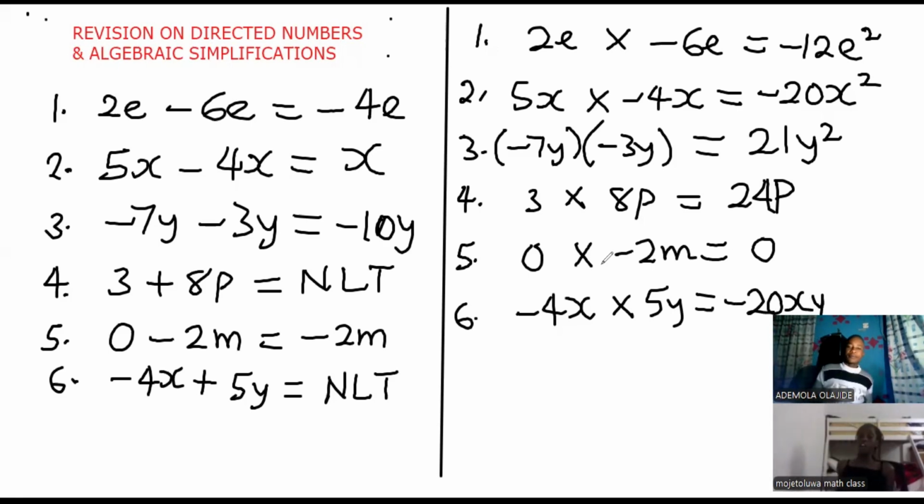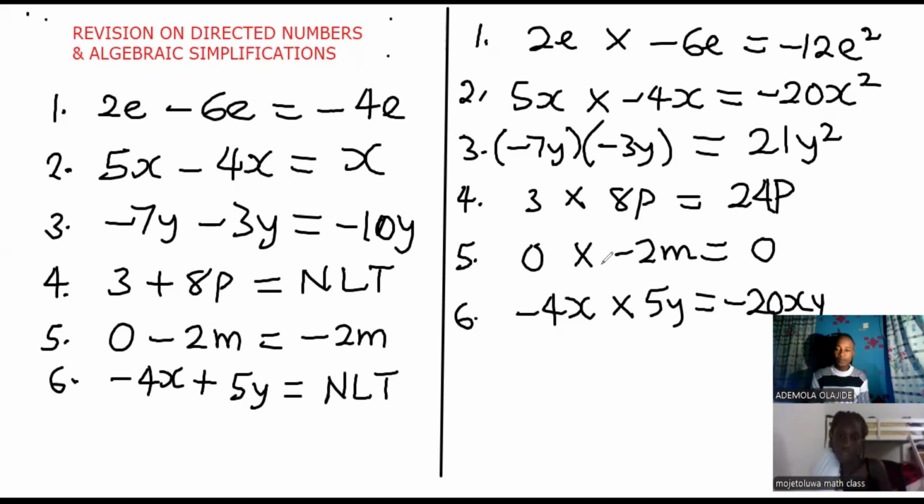Okay, so we start off by looking at the sign. So we can see it's multiplication. So we will look at the 4, so it's negative 4x, and we will look at the 5, and that's 5y. Since we know that we can't do like terms in multiplication, we just have to times them still.